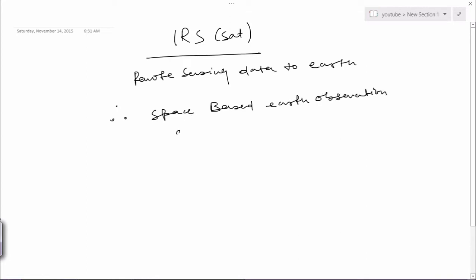Now this is very important. This actually defines what an IRS satellite is: space-based Earth observation system. So that's about it, defining IRS. And when we'll be further looking into the mechanism and the domain of application, we'll see this definition or this meaning of remote sensing satellite will further be refined and enriched.